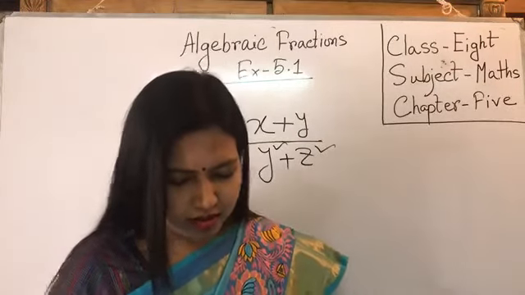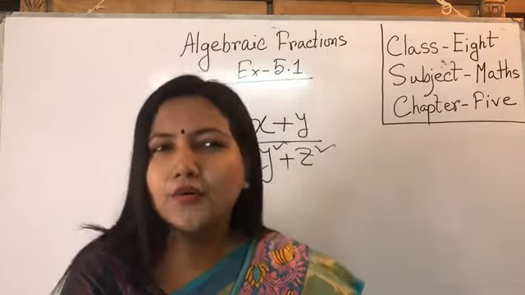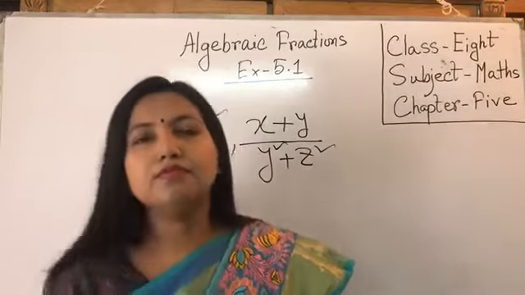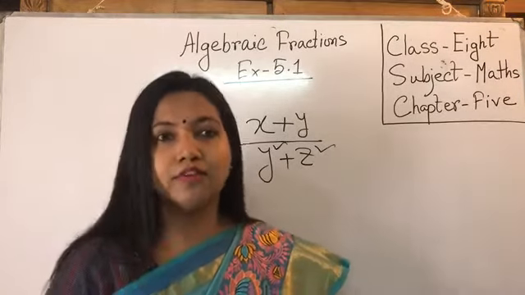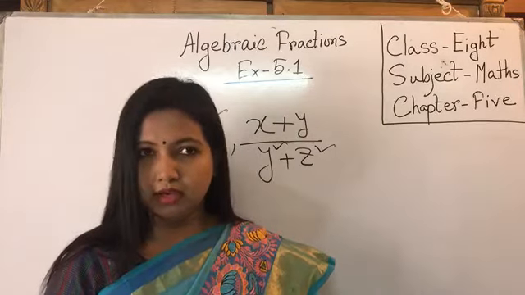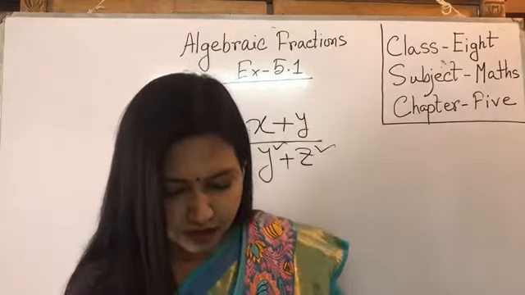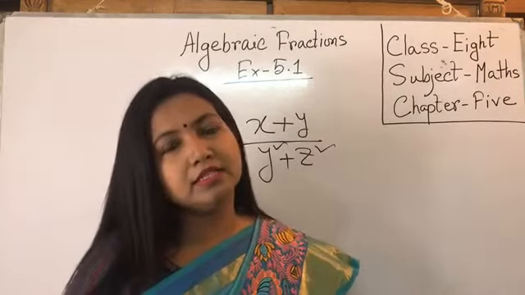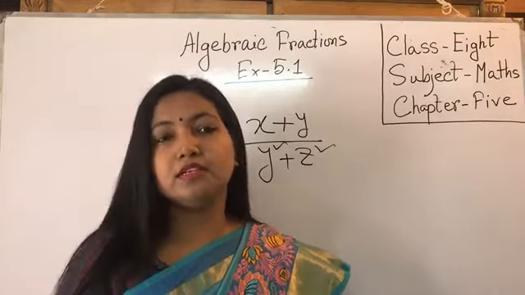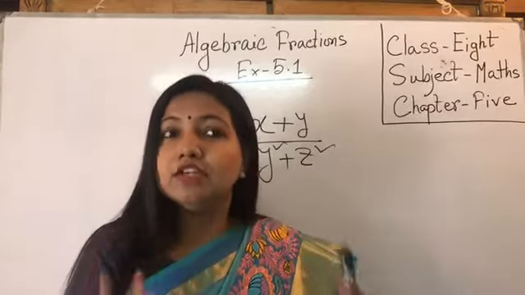So let's start another topic, the lowest form of fraction. How can we write the lowest form of fraction? If there are common factors of numerator and denominator, and the numerator and denominator are divided by the HCF of the numerator and denominator of the fraction, then you will get a new fraction.